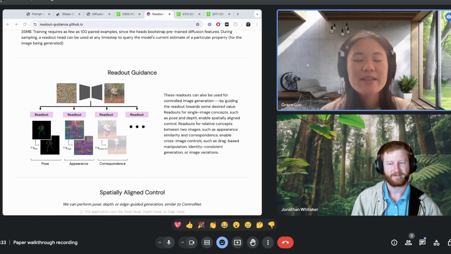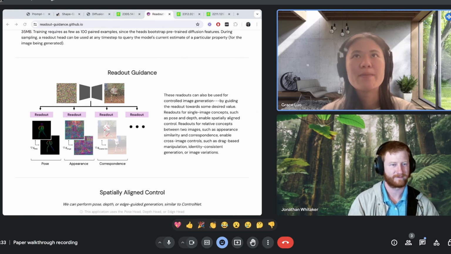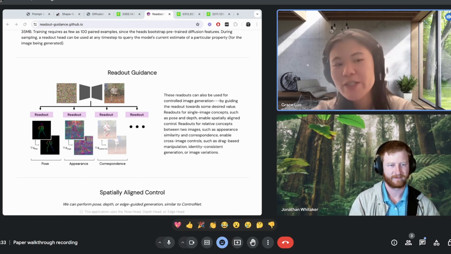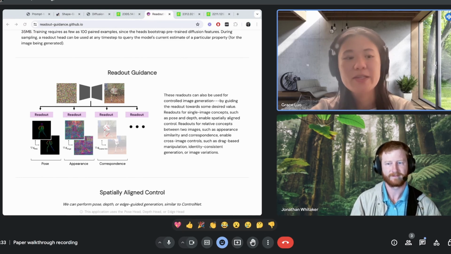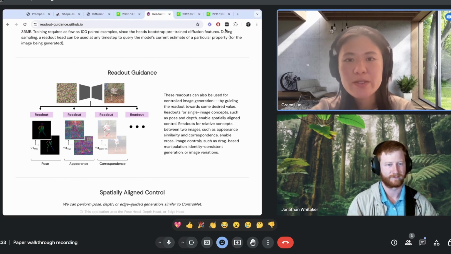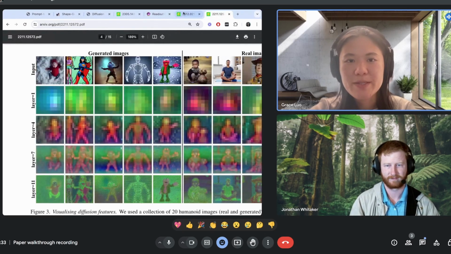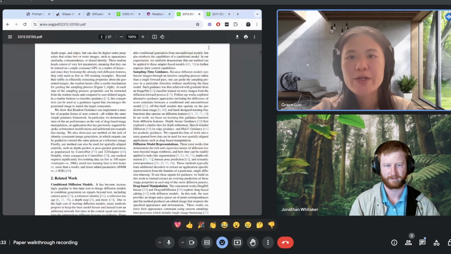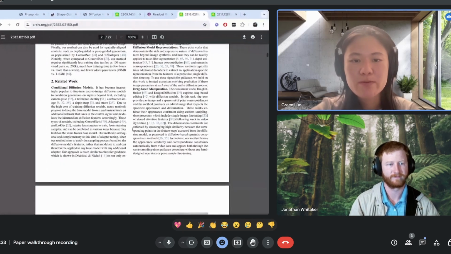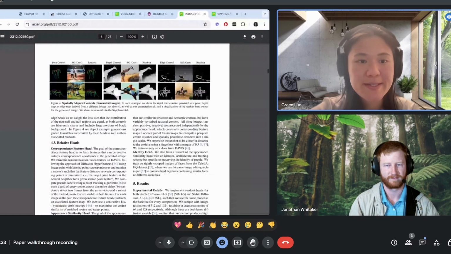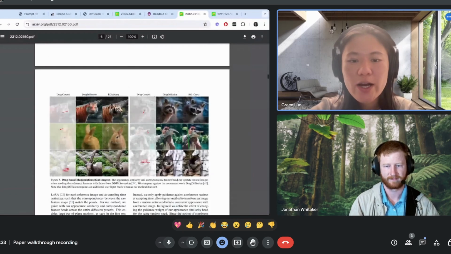Yeah, that's a really great point in that this is very data efficient in a sense. Like you said, you don't necessarily need that many examples to get good poses. I think we have some examples in the paper where we essentially ablate, if you train on 100 examples versus 1,000 versus 10,000, how do your readouts change?